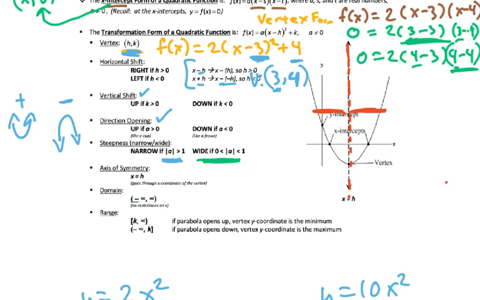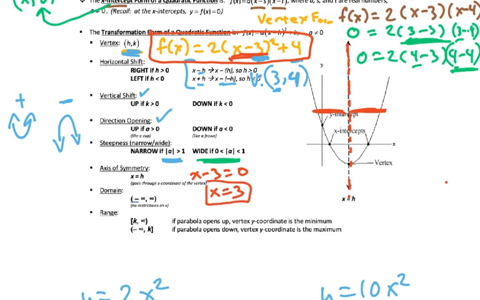Which also means that, for example, if I'm using this example here, all you have to do to find the axis of symmetry is take this part right here and set it equal to 0. If you set that equal to 0, we'll get x equals 3. And later I'm going to show you why that's the case.